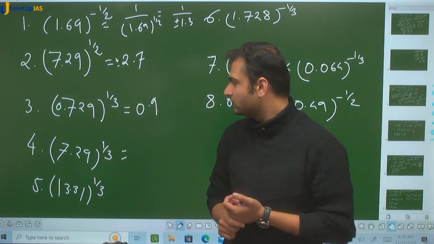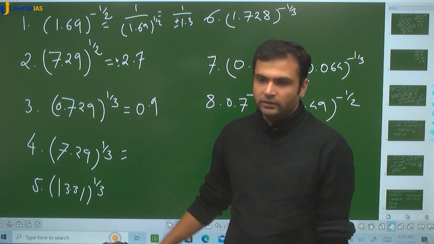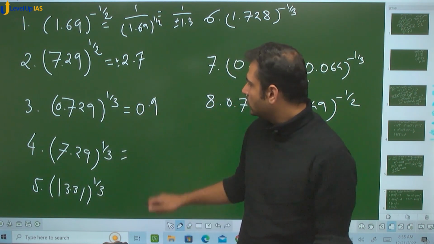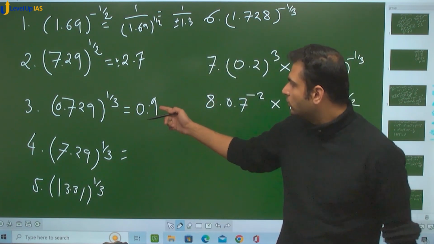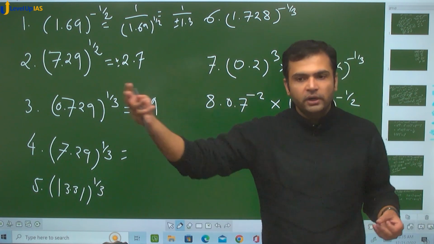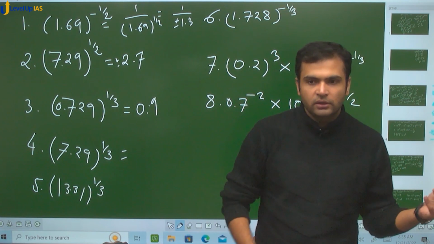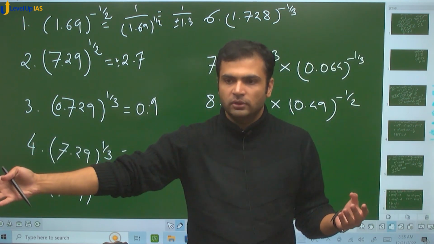That is right. My point is you cannot do it directly like this, because whenever there is one decimal point, if you cube it, there will be three decimal points on the right hand side. If there are two decimal points on the left hand side, when you cube it, there will be 6 decimal points on the right hand side.